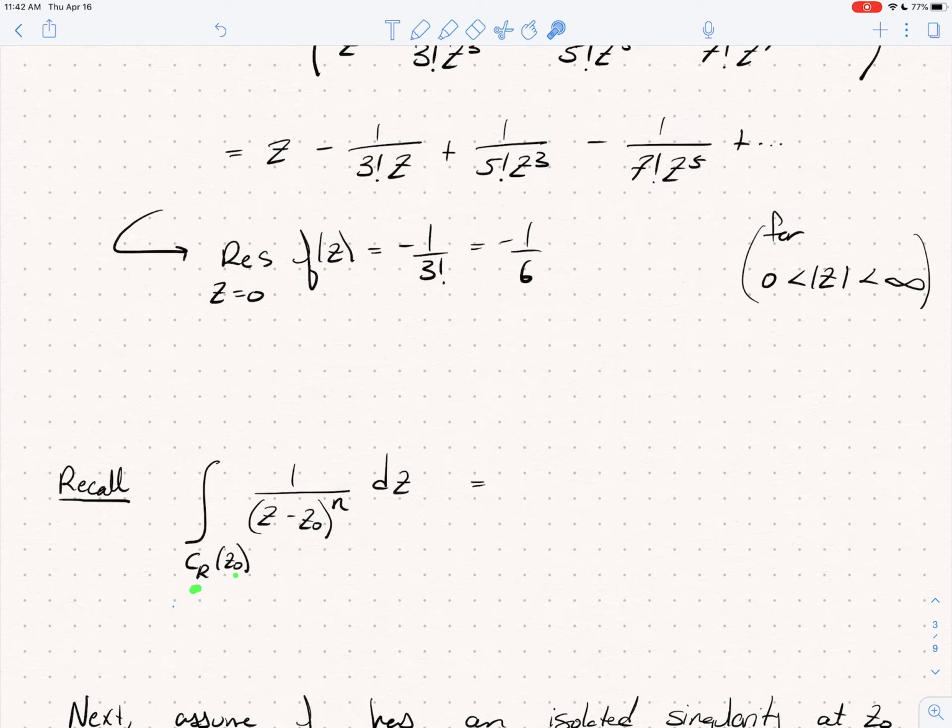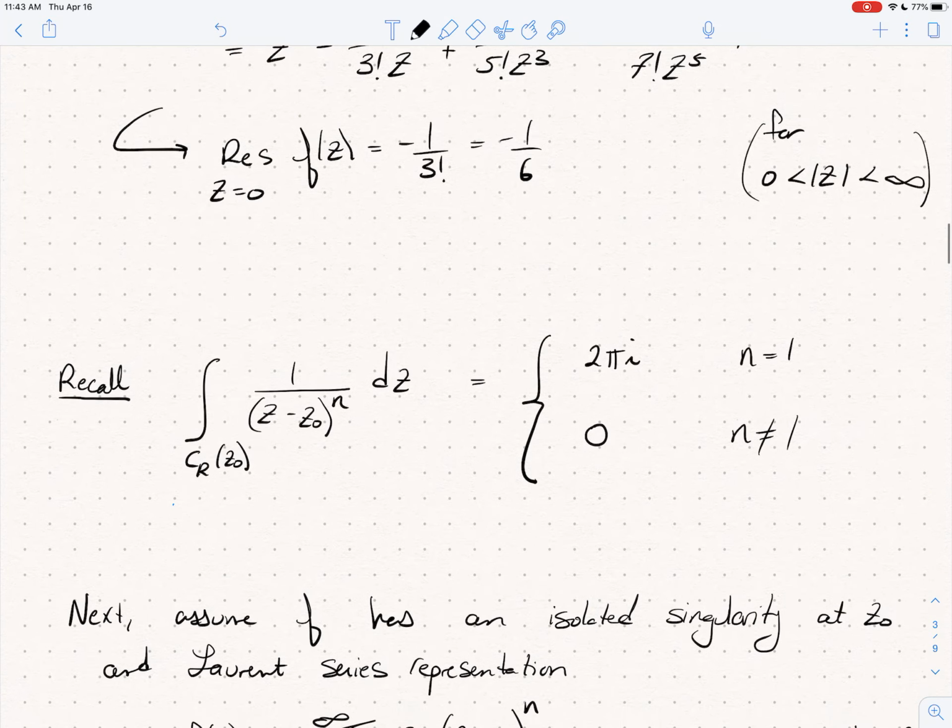This is just a circle centered at z naught with positive orientation. I'm always going to assume that my circles here have positive orientation unless otherwise specified. And so we worked this out, and we ended up with two cases. We got 2 pi i exactly when n equals 1, and then we had 0 anytime that n wasn't equal to 1.